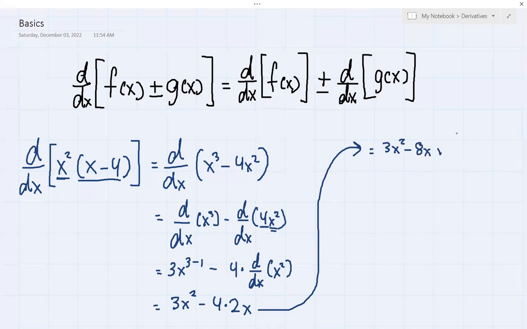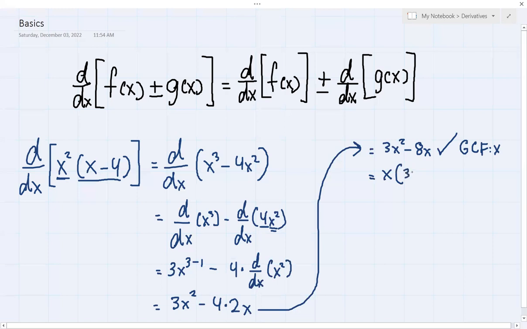And this is now your final answer. Or pwede pa natin siyang i-simplify. Say 3x squared at saka si negative 8x, both of them are divisible by x. Okay? So that means yung greatest common factor nilang dalawa ay si x. So we can factor out x in this expression. So we will have x times quantity 3x minus 8.